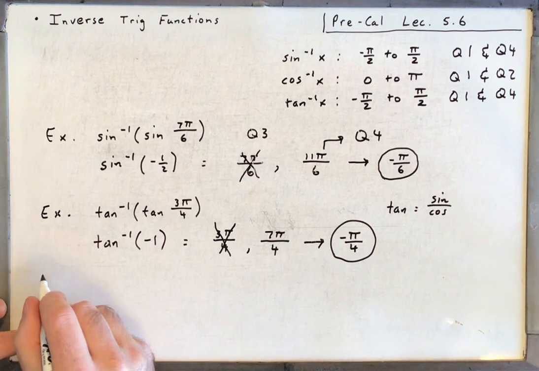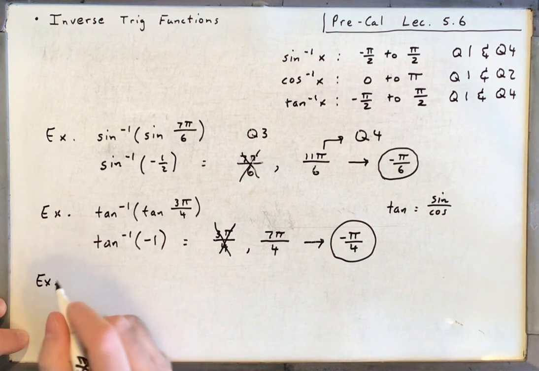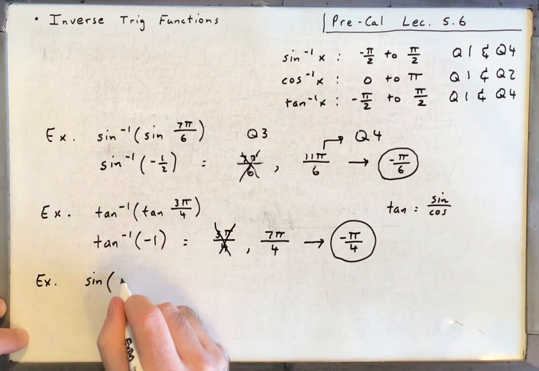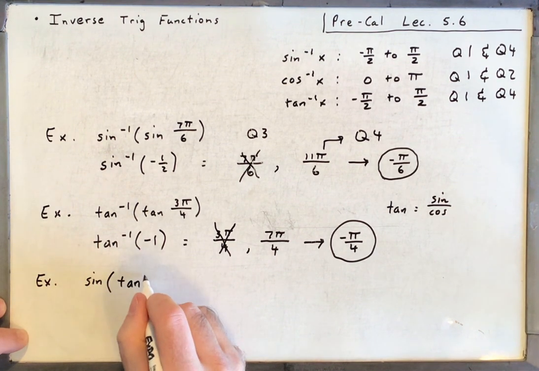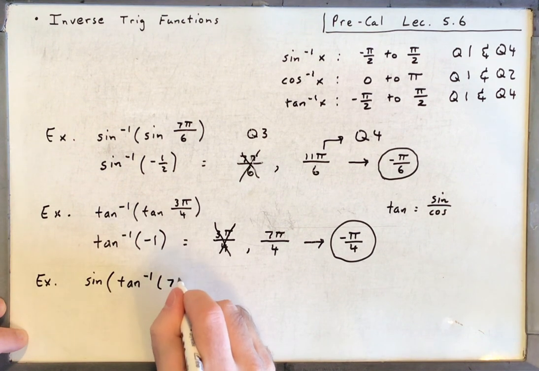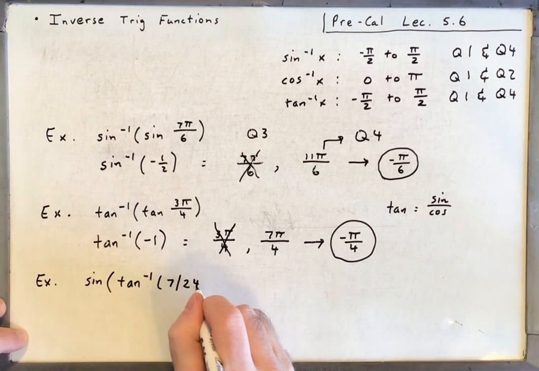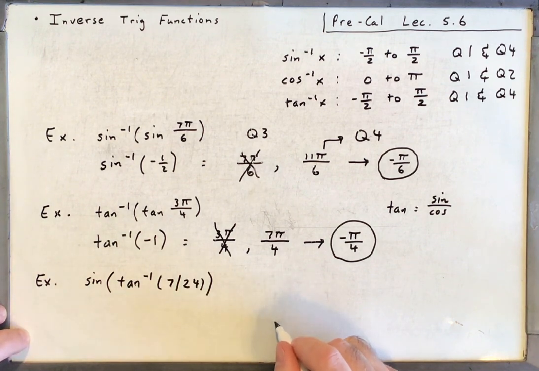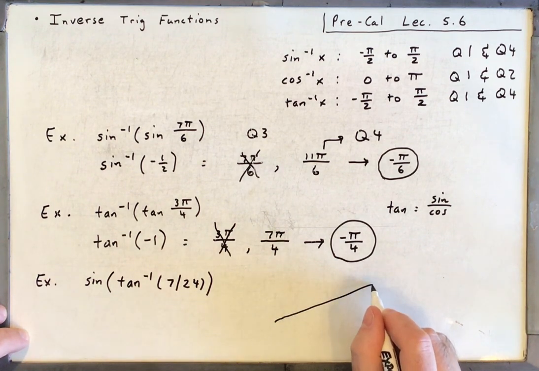All right, let's do one more, and that'll finish up this lecture. We want to take the sine of the inverse tangent of 7 over 24. Now 7 over 24, that's not on the unit circle, so what do we do? When something's not on the unit circle, you draw a right triangle.